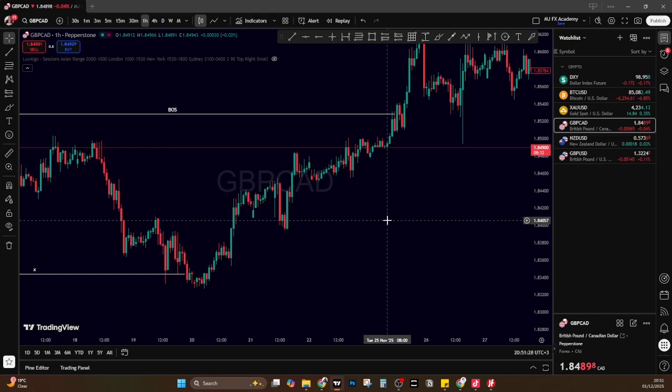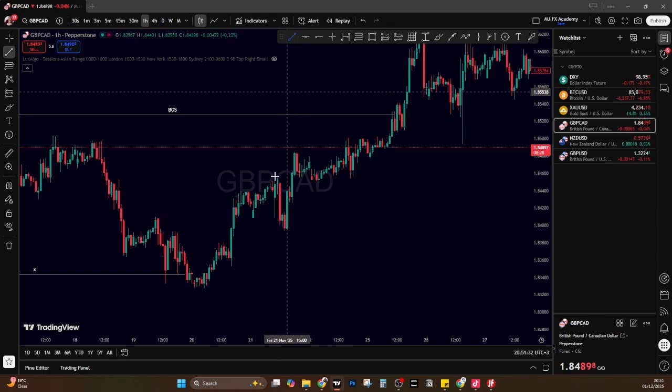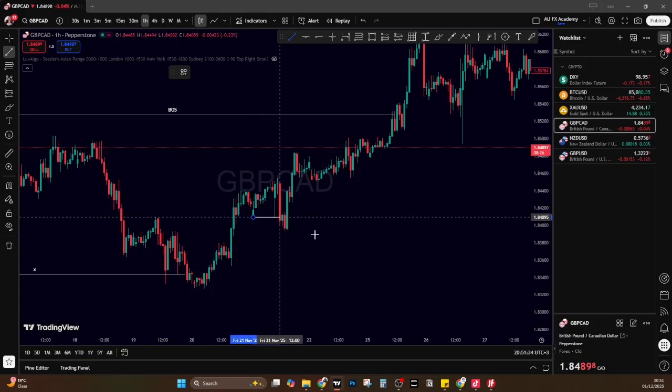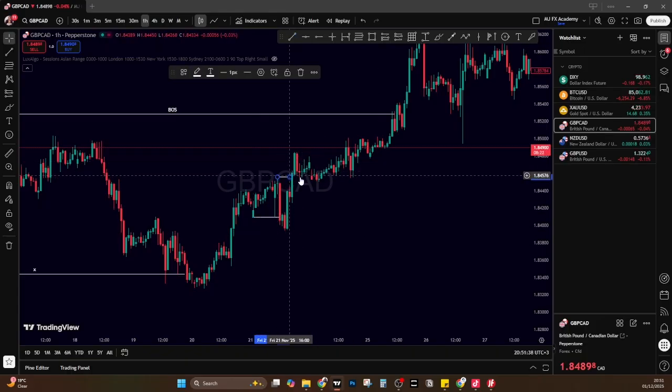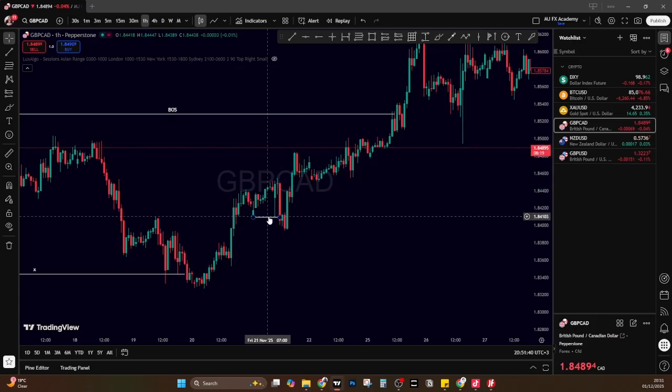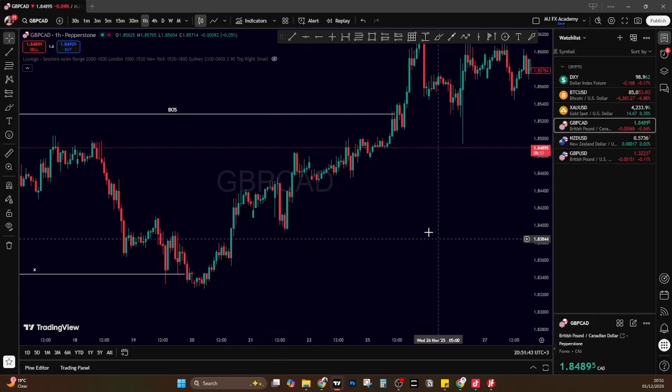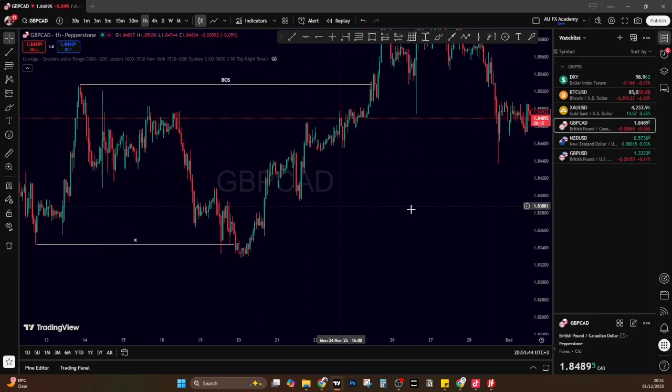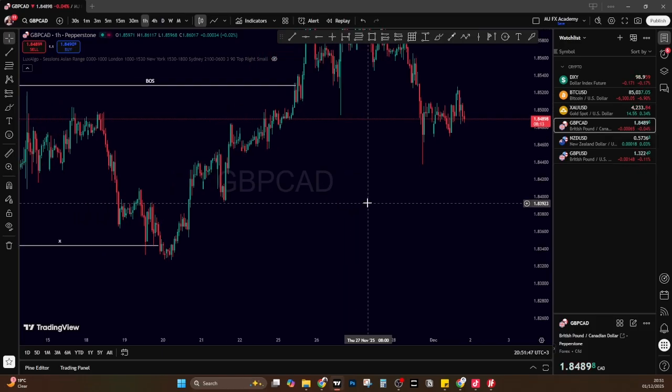Though we have a few strong lows here, like this one, because it took out that liquidity and broke that structure, the issue is you don't take a trade from an order block that has liquidity below it.